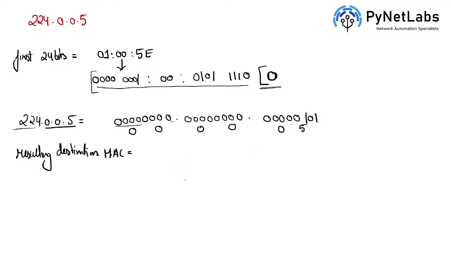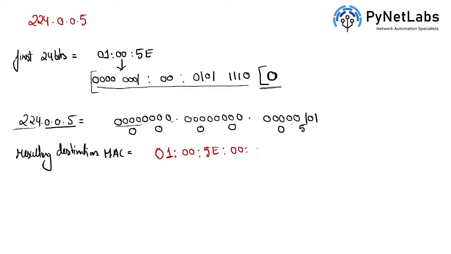So the destination MAC address will be: 01 reserved, 00, 5E which is already reserved, and the 25th bit we also know will be 0.